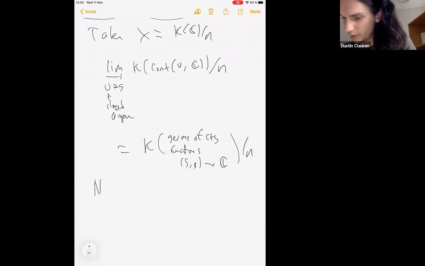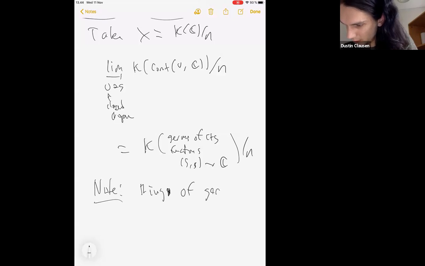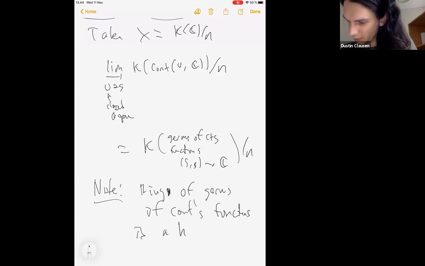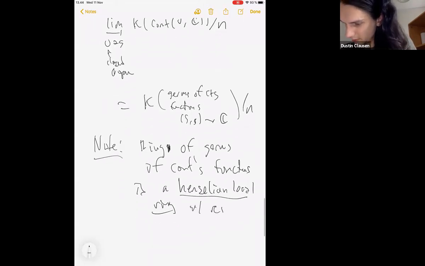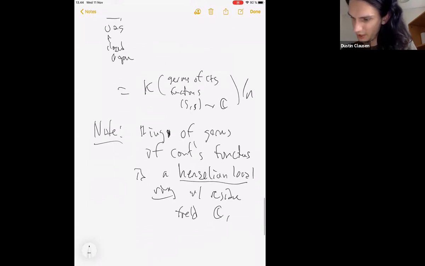Now note, this ring of germs of continuous functions is an example of what's called a Henselian local ring with residue field C via evaluation at the base point.